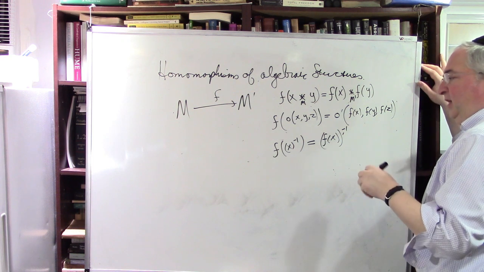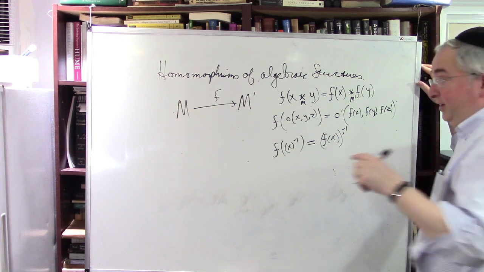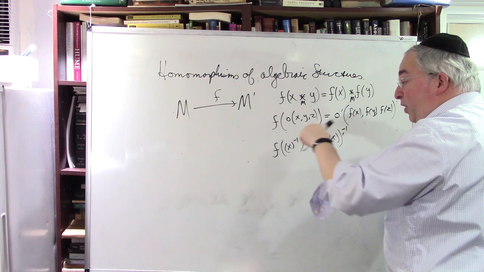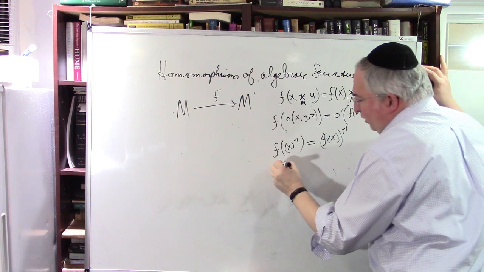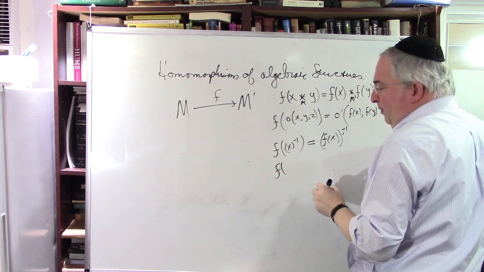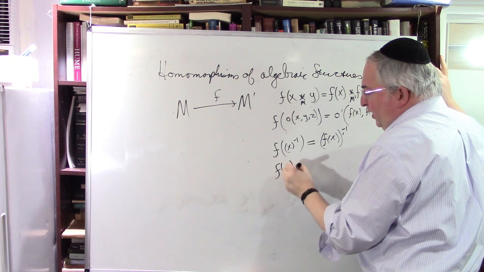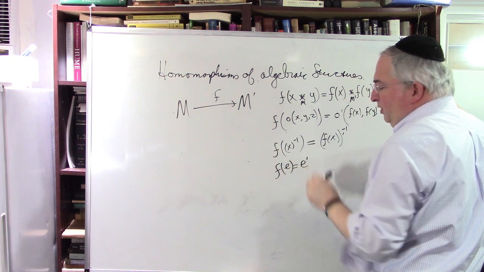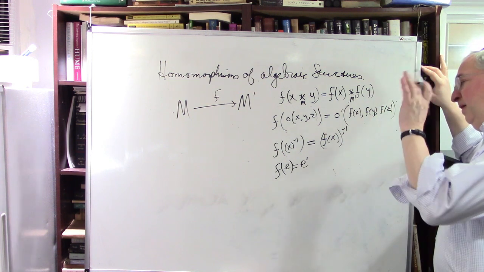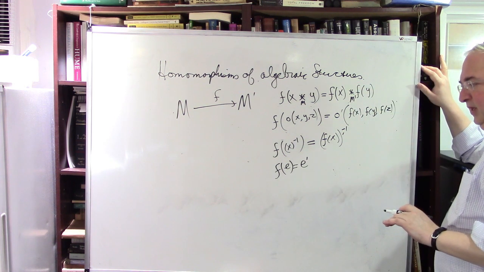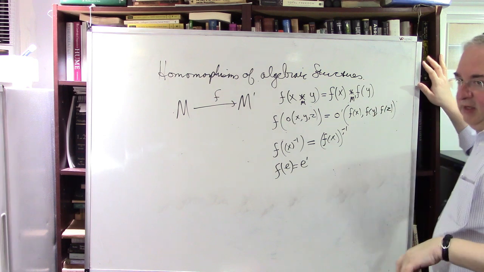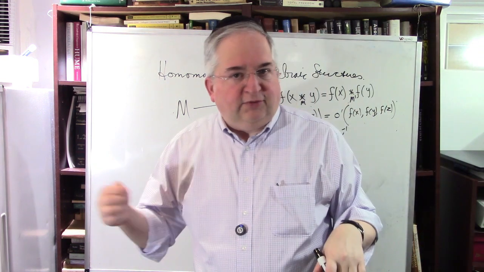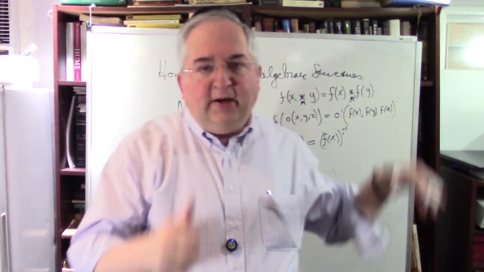Okay, and finally, let's talk about not 3, not 2, not 1, but 0. A zero-ary operation just picks out one element. Well, I want you to pick out the same element. Main point is, this is going to happen. So we have lots of different things. A magma only has a binary operation.